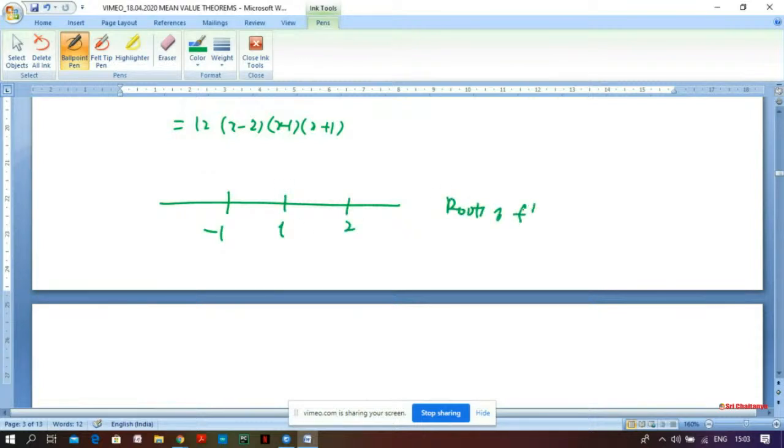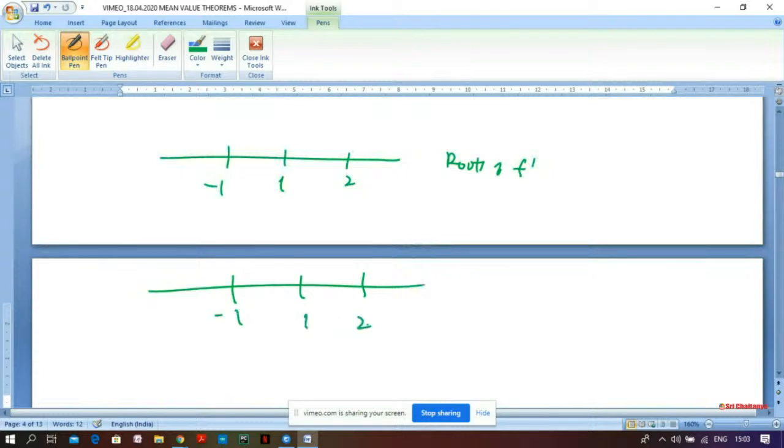Now we know that when we calculate the roots of f, we just need to get the sign of f at these points, because in each such interval, there can be at most one root of f, meaning either no root or one root.